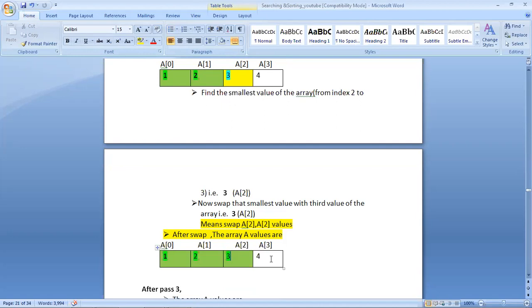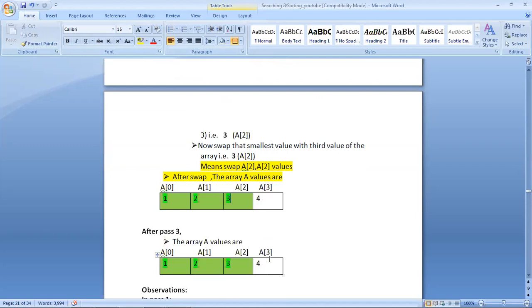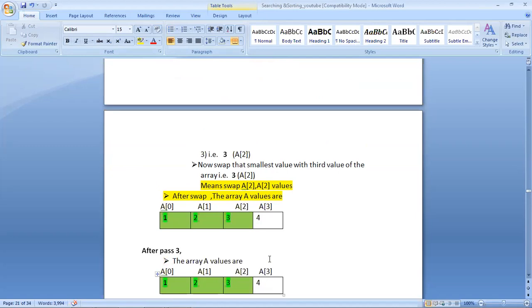If you want to sort the array values in descending order, you have to find the biggest value every time. During pass 1, the biggest value of the array should be swapped with the first value of the array. During pass 2, the second biggest value should be swapped with the second value of the array.